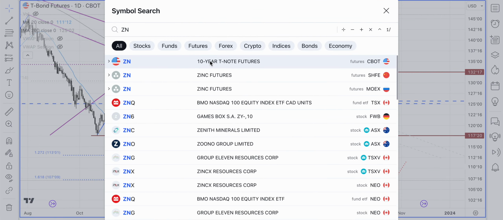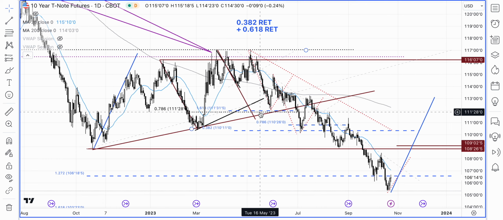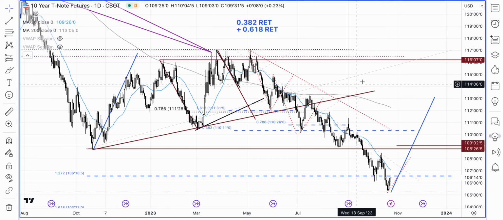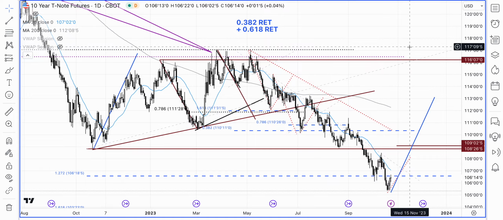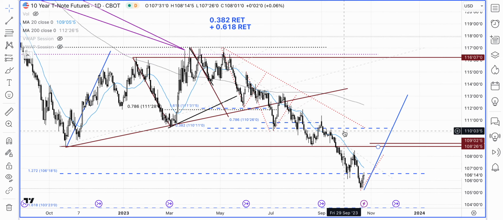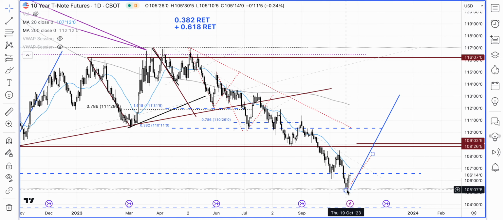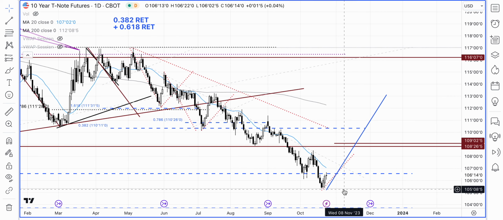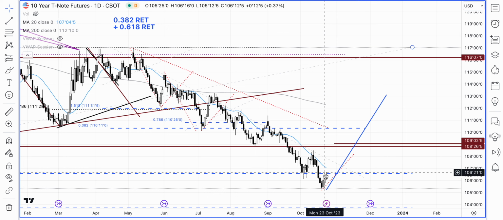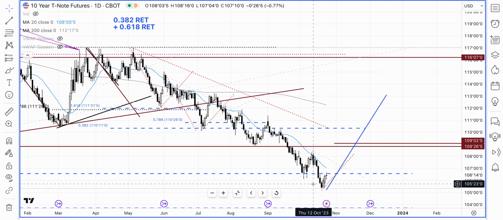Let's take a look at the US Treasury 10-year T-note futures. This market is even bigger than the 30-year bond futures, and what we see is a similar kind of pattern, in the sense that there has been a rally over the course of the last 2-3 trading days.